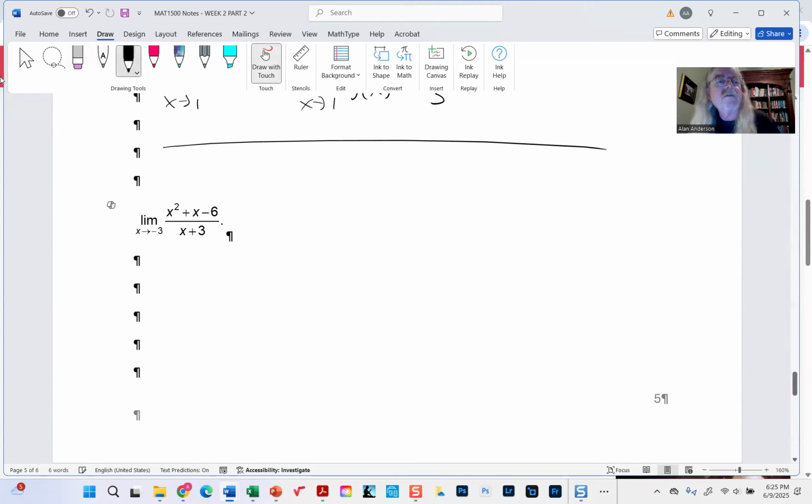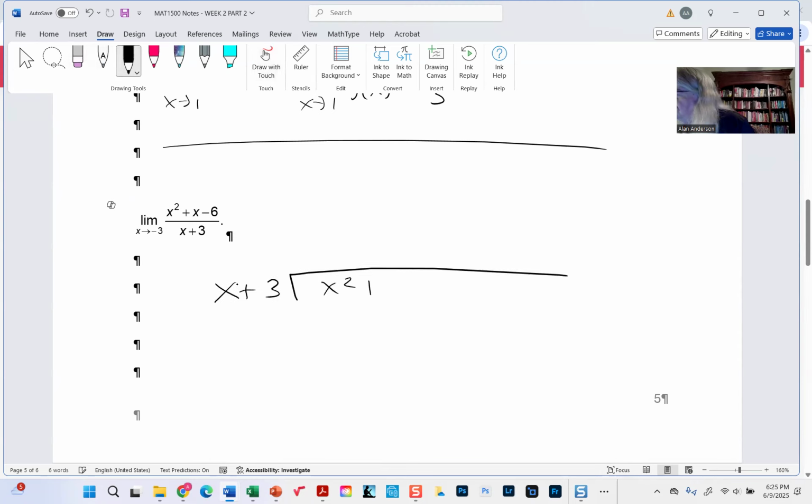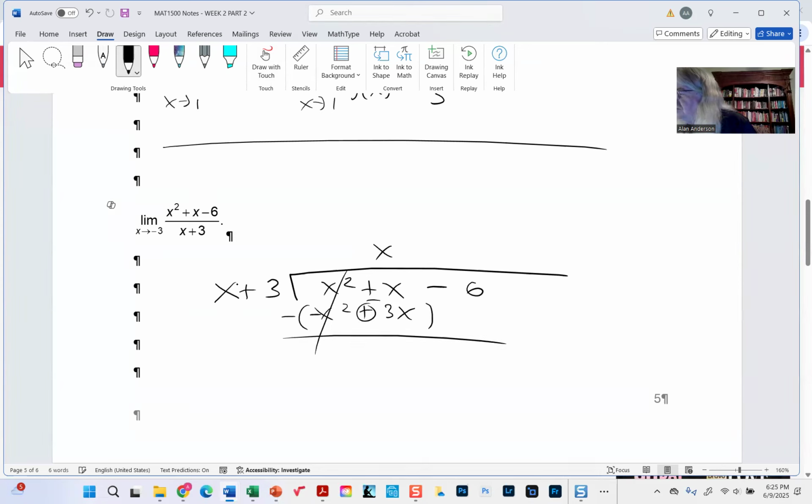So let's do some long division. x, subtract this one, we subtract this one, bring this down. And now if I multiply this by -2, subtract, they both become positive.